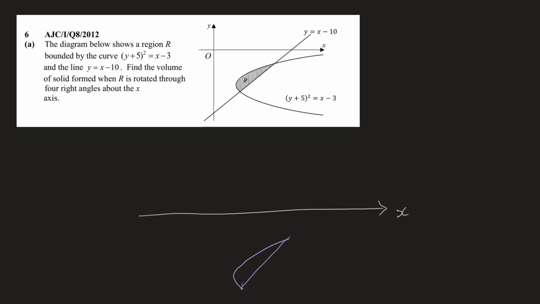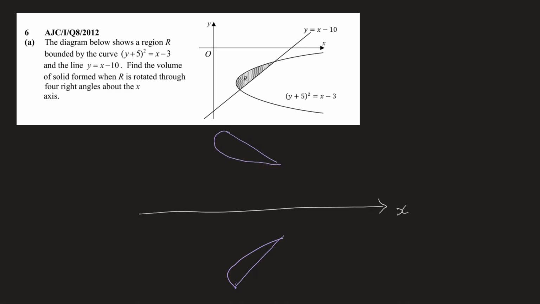So to figure out what kind of volume you are generating, the shape of the volume you're generating, a good way to do that would be to draw it here and then photocopy what you see on top, just a mirror image. And then join them up with a dotted line. So this is the rotation.